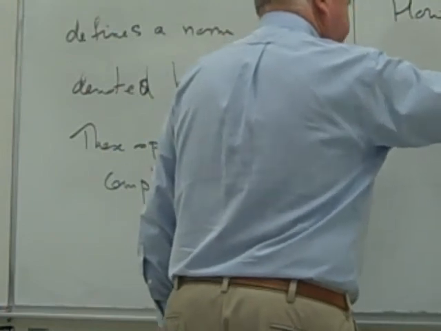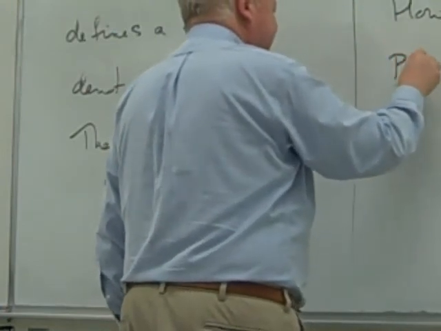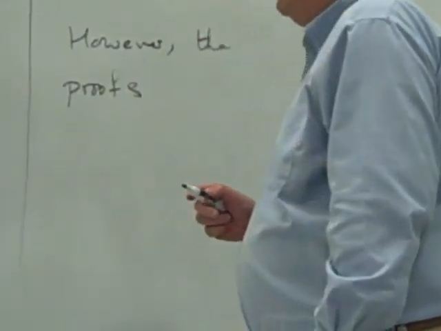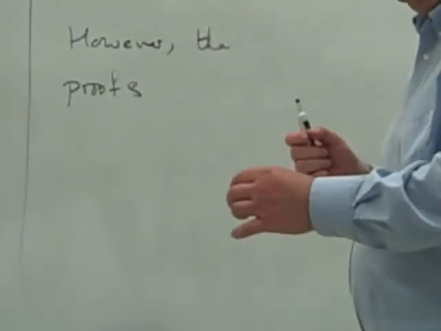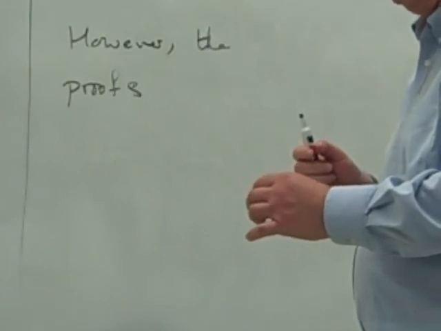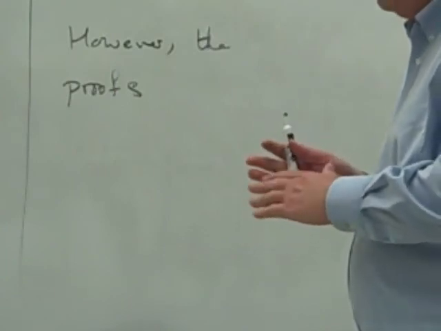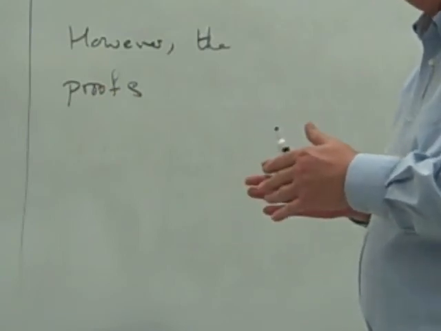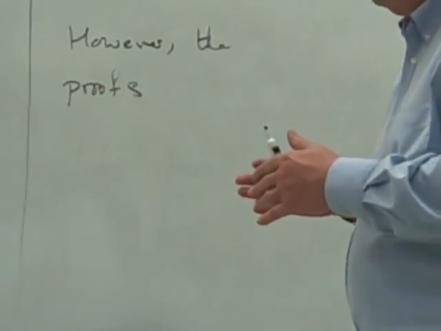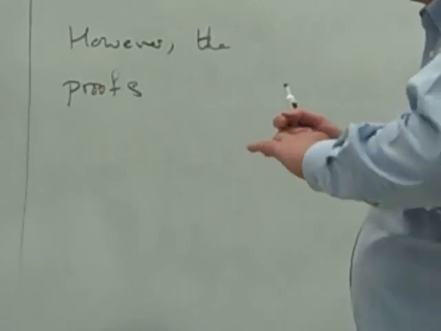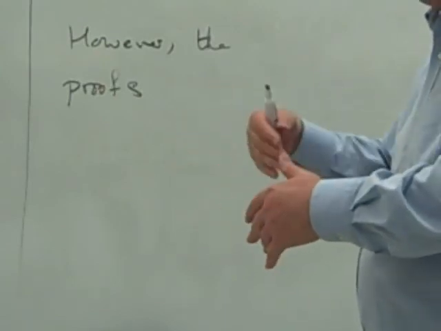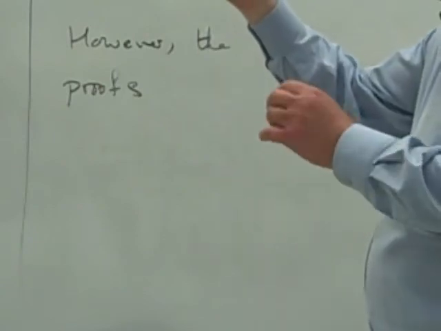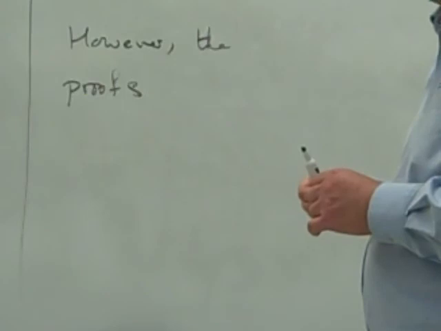However, if you think back to the proof that we just did, what we had to do in order to take limits in that infinite sum was we had to drop down to a finite sum, take our limit, and then go back to the infinite sum. So there was a little bit of trickery involved in getting things to work.